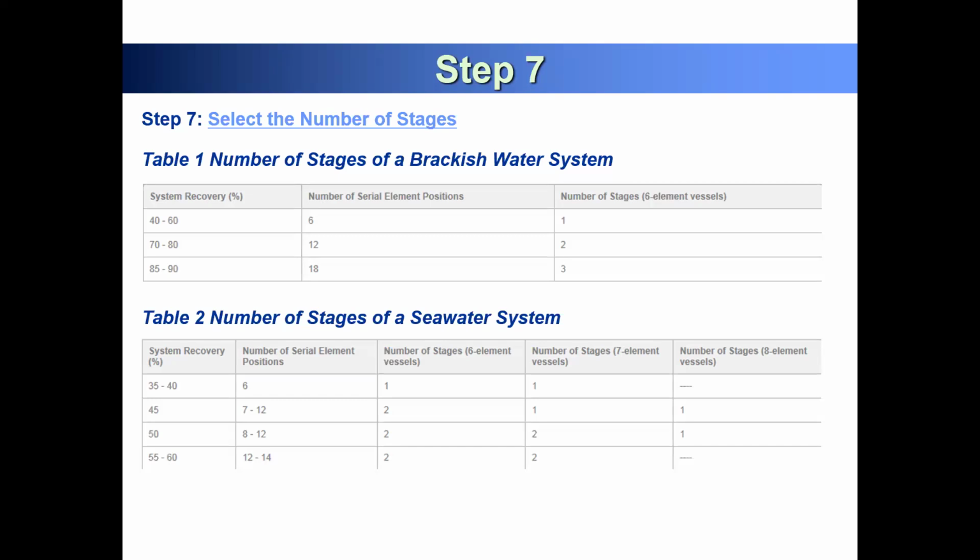So you can decide which stage would be best for you. If you want a higher recovery rate, you increase the stages: 1st stage, 2nd stage, 3rd stage. But if 70% is good enough, just select only 2 stages. So in this example, wastewater reuse, I want to go for 90%. So you can decide, I want to go for 3 stages.